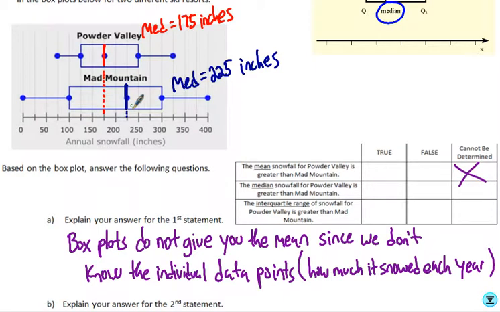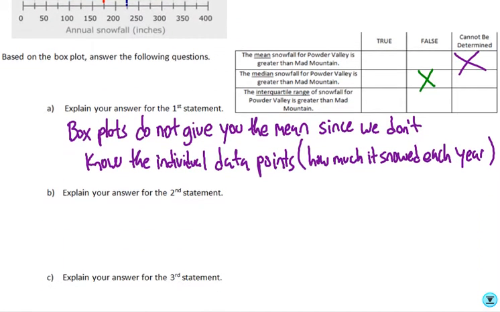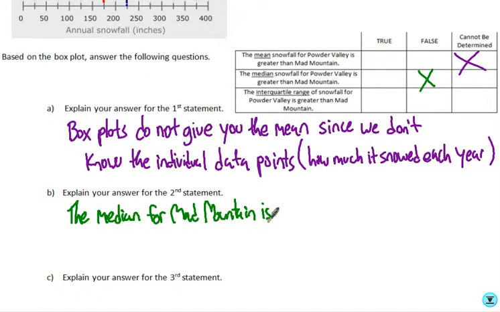Well, that would be false, because the median for Mad Mountain is 225, and that's inches of snow, 225 inches as compared to 175 inches at Powder Valley.